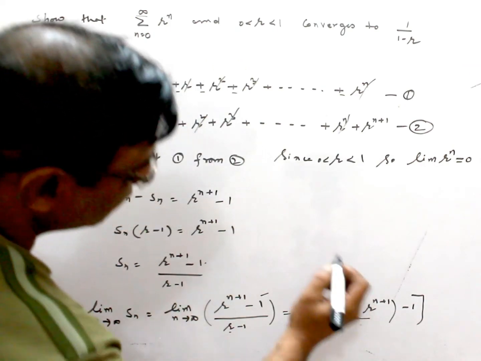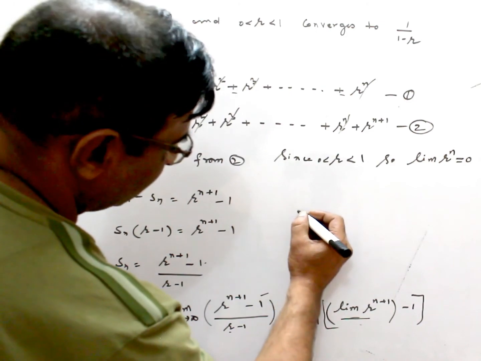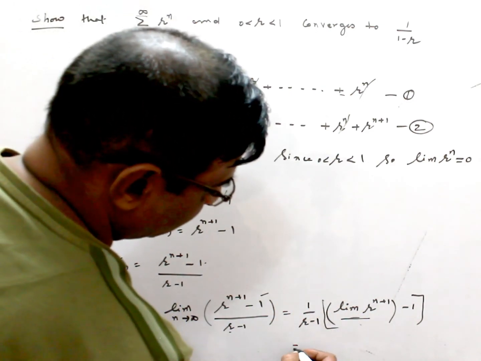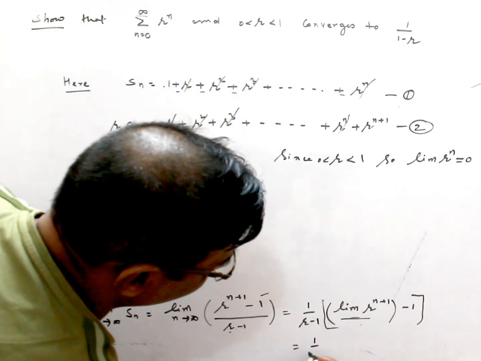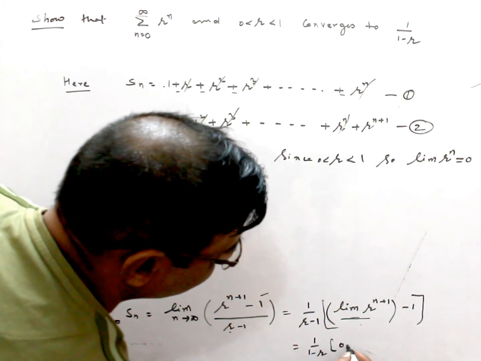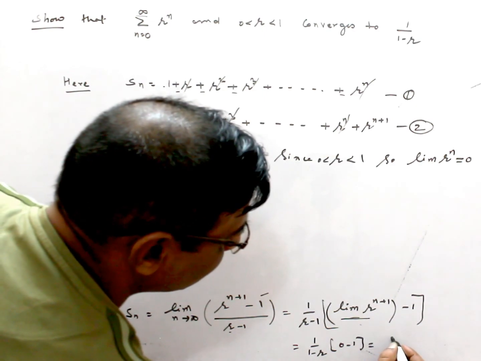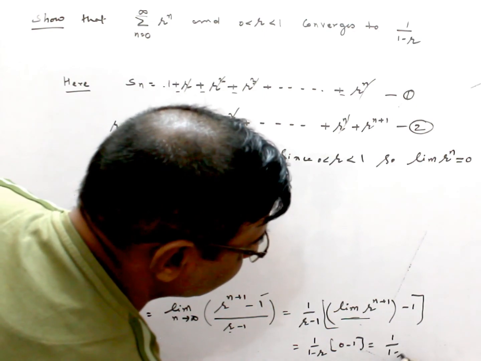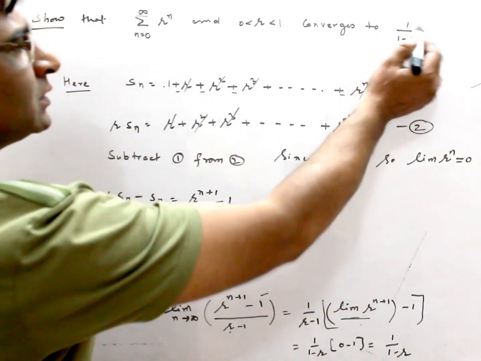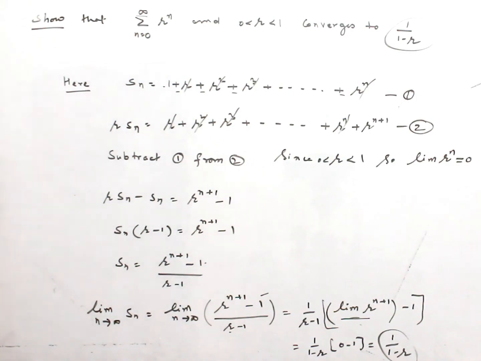Therefore we have this equal to 1 upon r minus 1 into 0 minus 1, and this is 1 by 1 minus r. This is our answer.